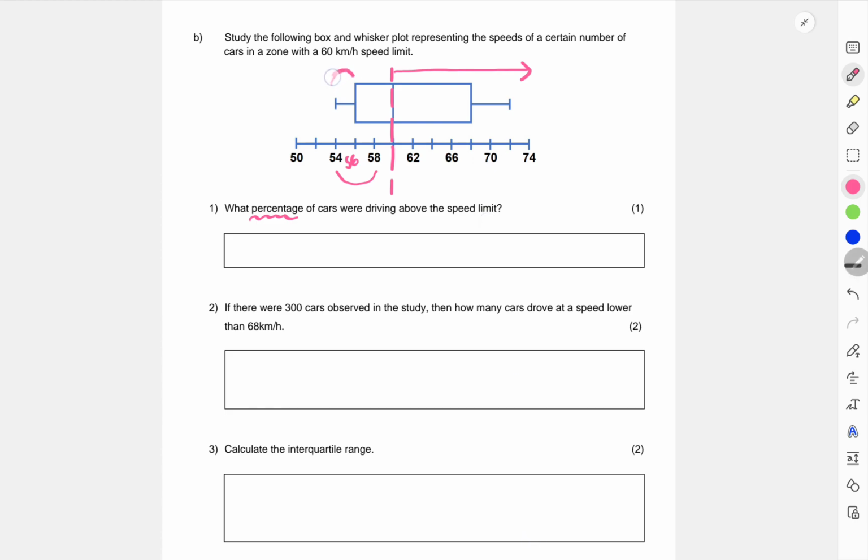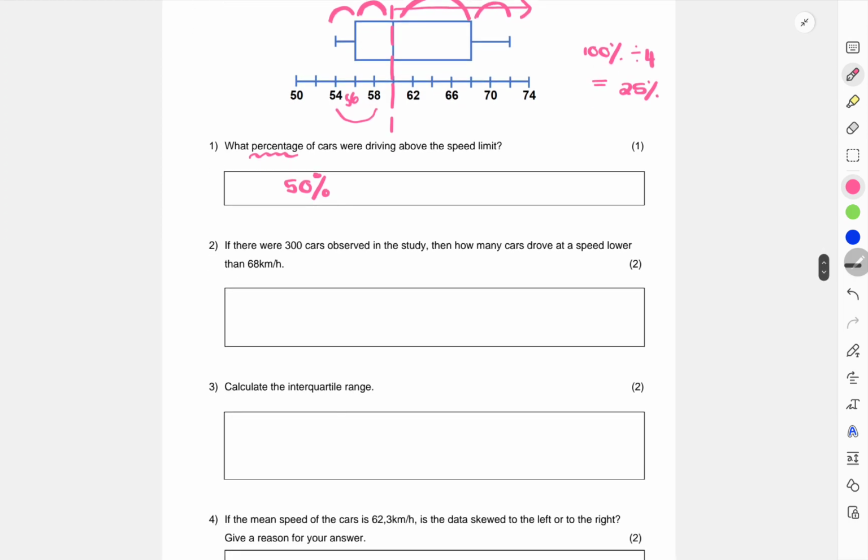Remember, so 25% drove here, 25% drove here, 25% is represented there, and 25 is represented there. Because if you take 100% and you divide it into 4 parts, you'll get that each part is 25%. So if there are 2 parts above, it means that 50% of the people drove above the speed limit.